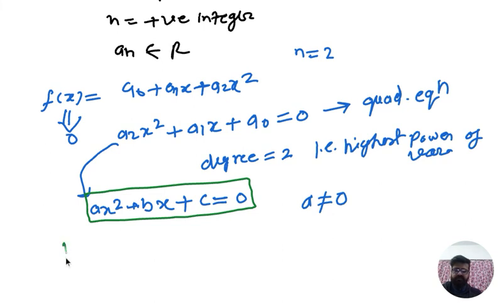We will find the nature by using this formula: b² − 4ac.